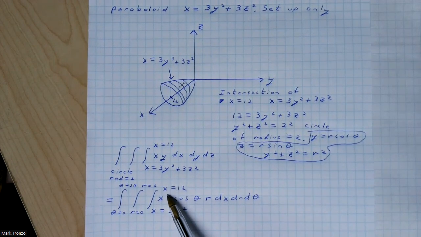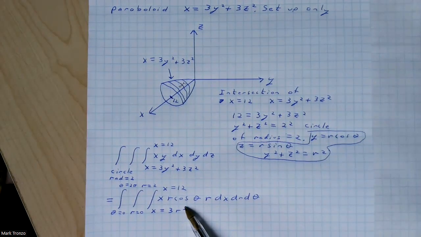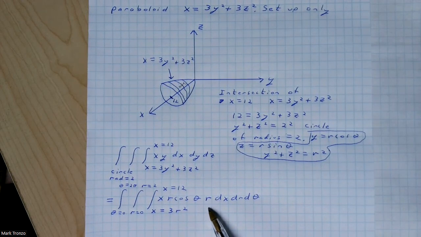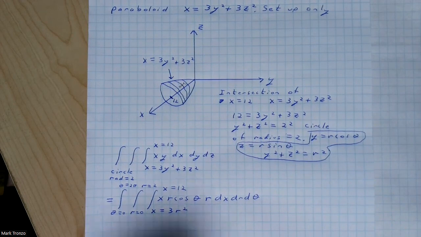And then the upper bound just stays x equals 12. And of course, substitute for y. y was r cos theta. And then always put in the r. Remember, whenever you convert to polar, always have to have the r in. Then over the circle, r equals 0 to 2, theta equals 0 to 2 pi.